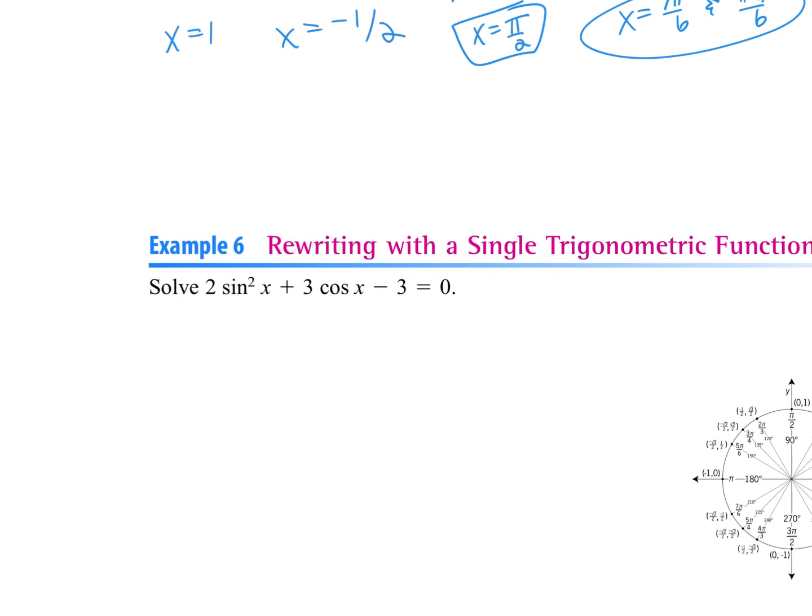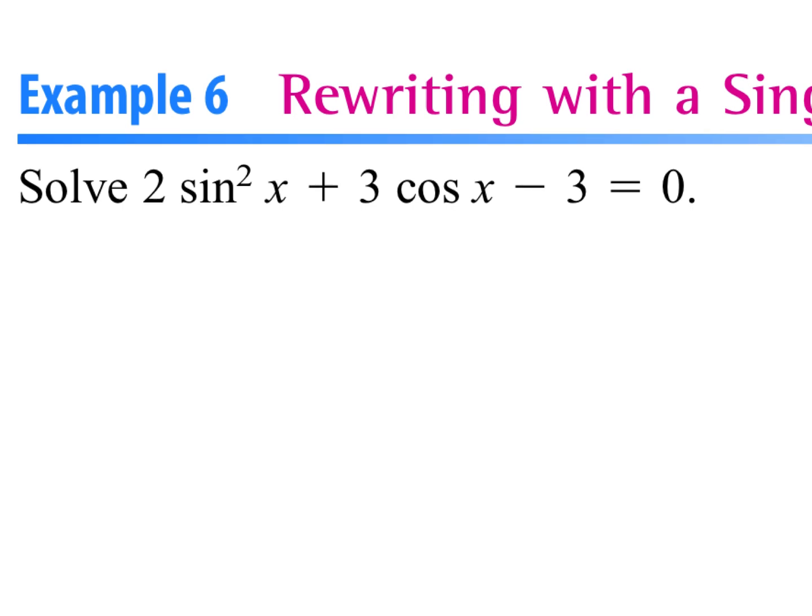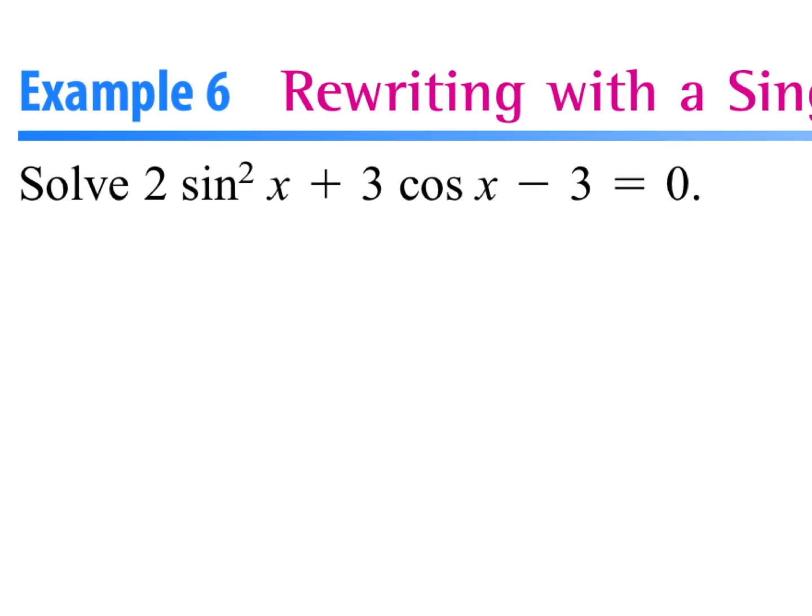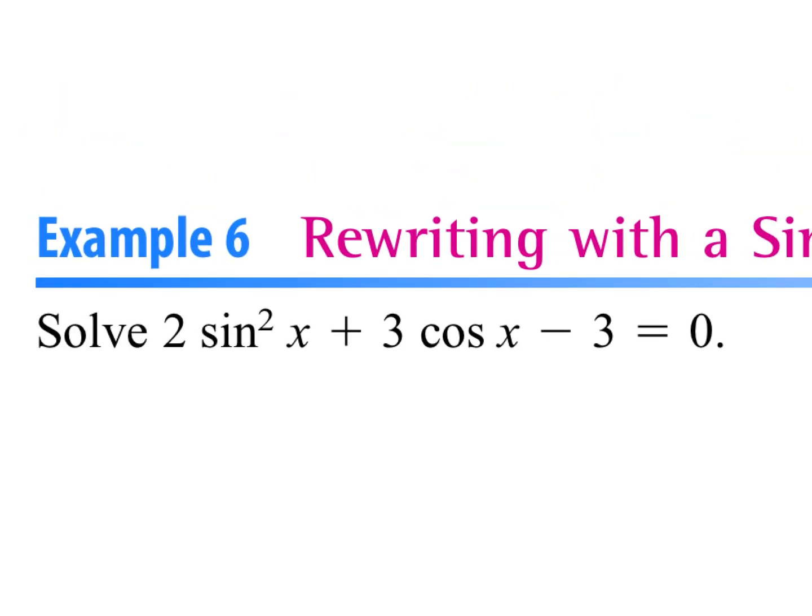Yep. All right, how does this one look to you guys? What do you notice? Different trig functions. Is one thing squared and one thing not? So this is probably a factoring problem. If I said to you guys to factor this, you would tell me you couldn't, right? Because it's not the same terms. The last one had the same trig function, sine squared and sine.